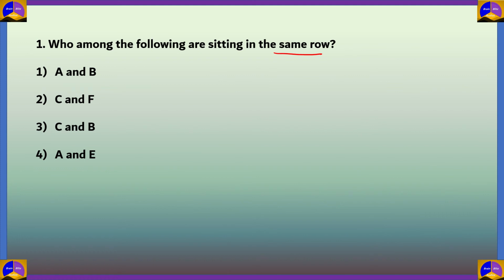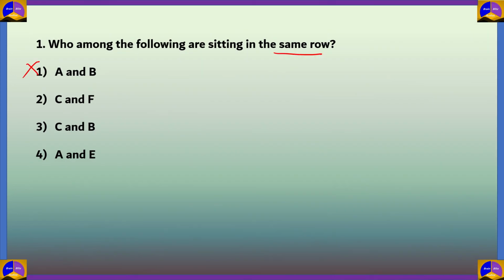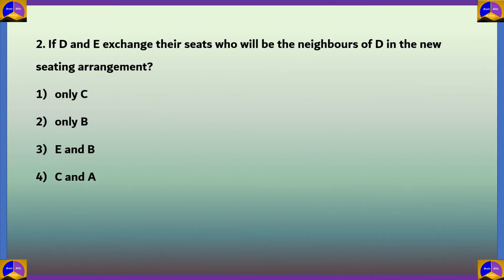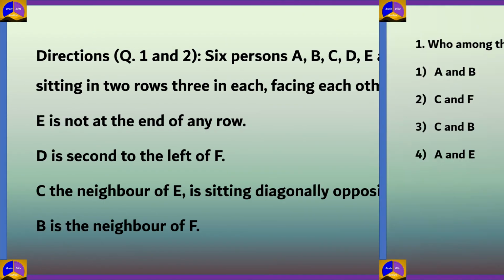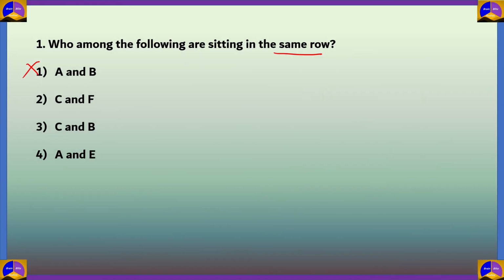So first one is incorrect because they are in different rows. Second option, C and F. C is in the first row while F is in the second row. So second option, C and F, is also incorrect.